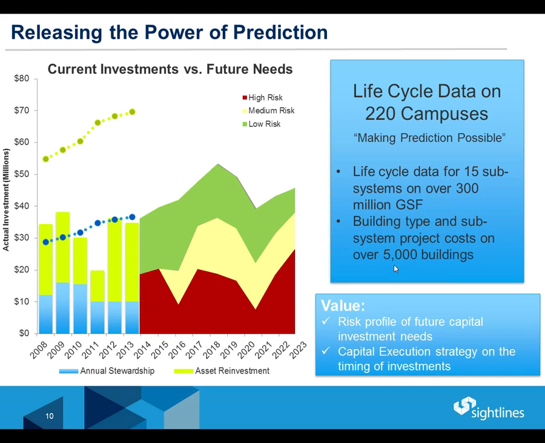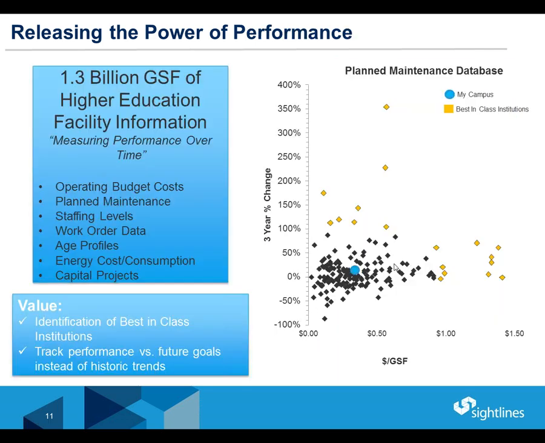More to come on this, as Ted's going to show you some specific examples. On the performance side, taking that extensive database we now have and all of what we've learned about the relationships, one of the examples we showed you is planned maintenance. So the blue is where your campus is, and the black are all of your peer campuses and other campuses where we've plotted the dollars per square foot spent on planned maintenance and the 3-year change over time.